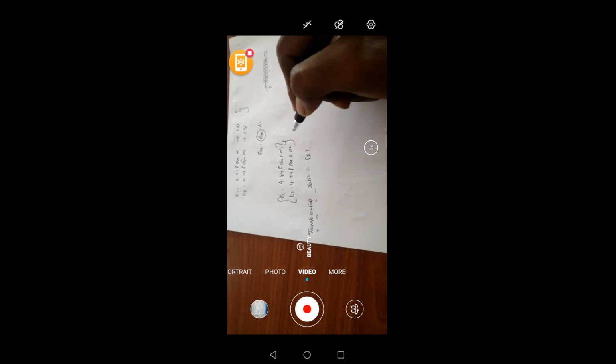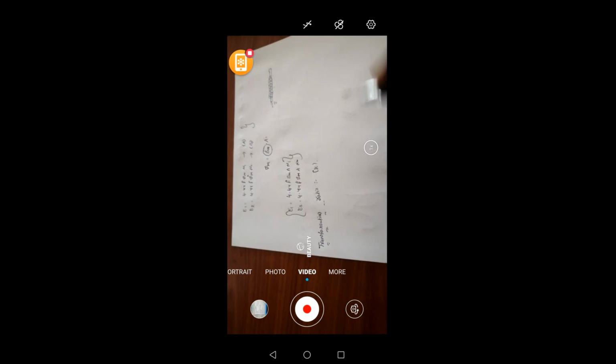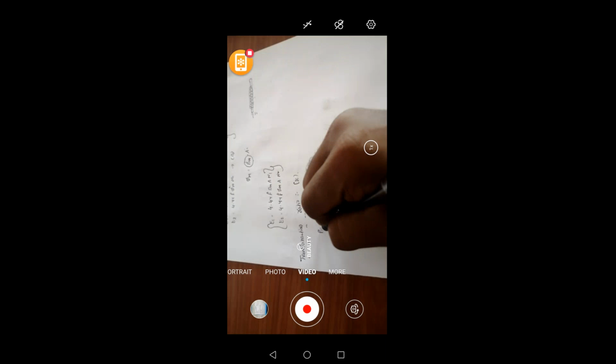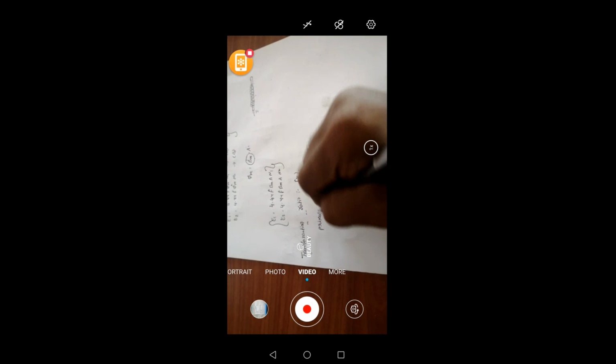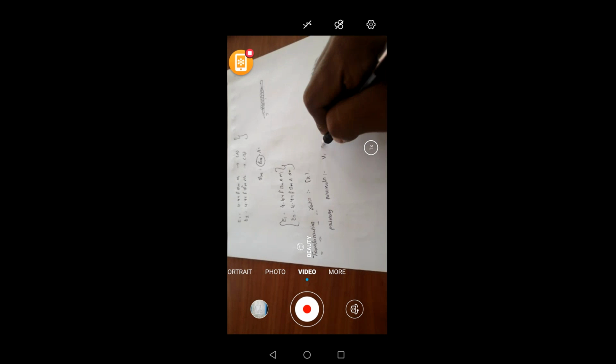K means the ratio between the primary and secondary parameters. So let me note down the primary parameters: V1, I1, N1 and E1.